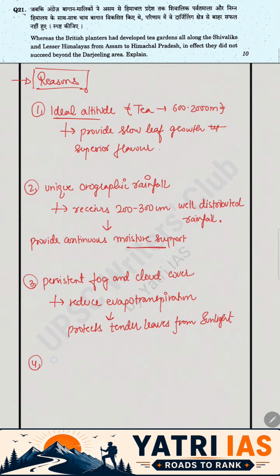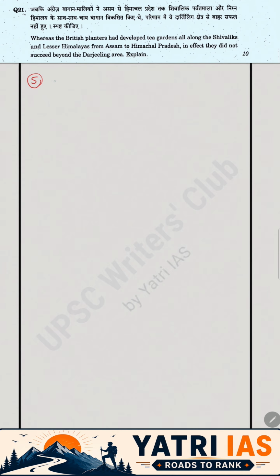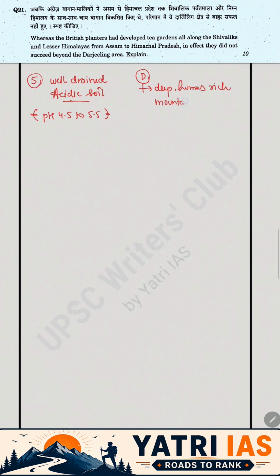Then you would mention the cool temperature of Darjeeling. This is also very favorable because tea requires around 18 to 25 degrees Celsius only. You would mention a very important point that the region of Darjeeling has well drained acidic soil, because the requirement of tea is pH 4.5 to 5.5, and the region of Darjeeling has very deep humus rich mountain soil which helps in the growth of tea plantation.